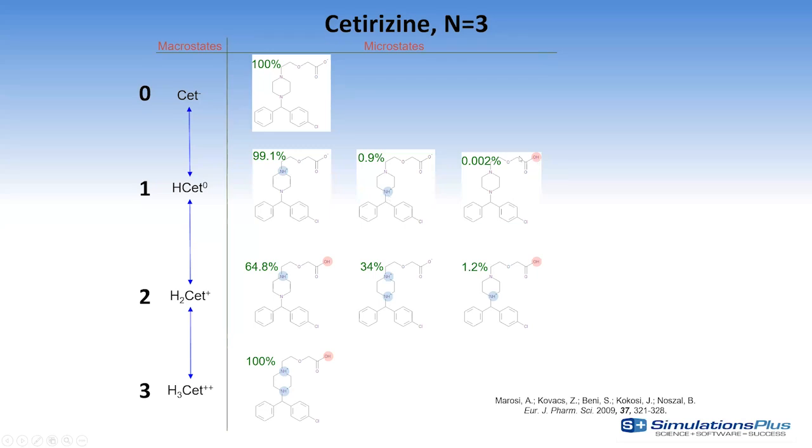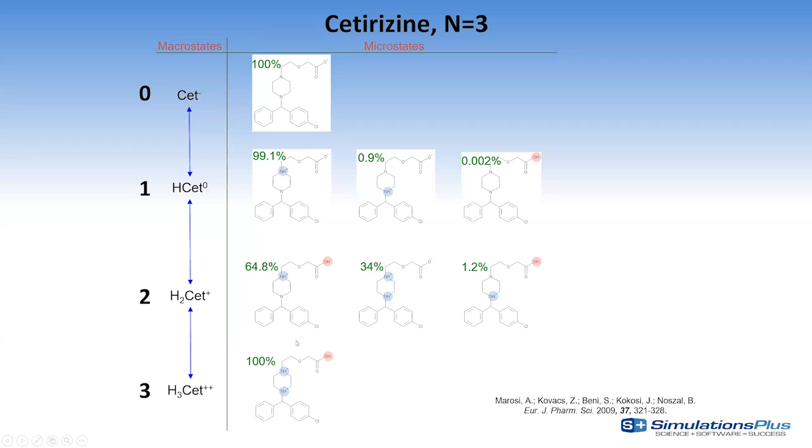And finally, the really poorly populated microstate with the hydroxyl group protonated is 0.02%.